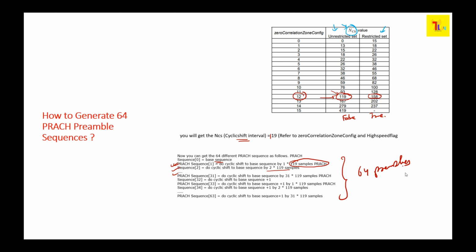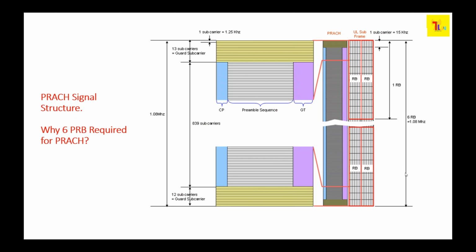Now we have understood one more fundamental, the preamble signal structure. And why exactly are 6 PRBs required? For this, you can understand that for the general radio frame, one subcarrier is of 15 kilohertz, and in 6 PRBs, 12 subcarriers are there in 1 PRB.